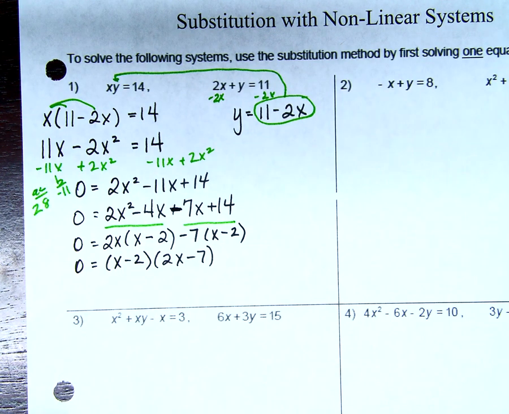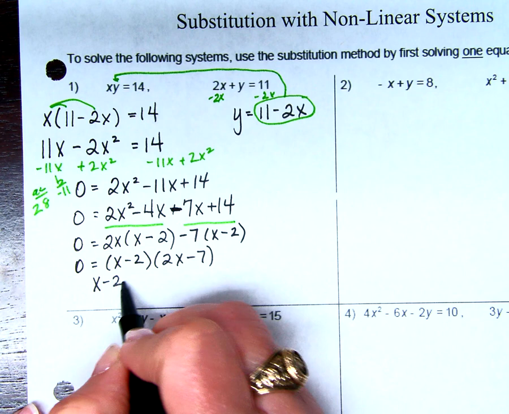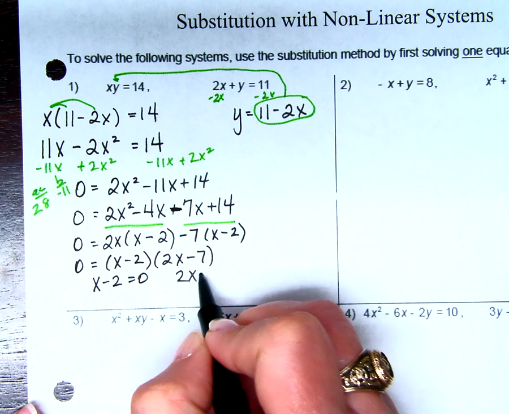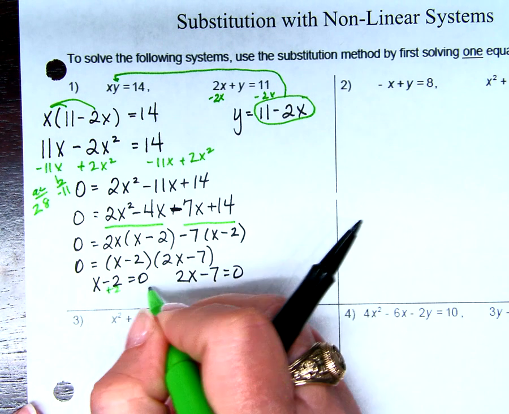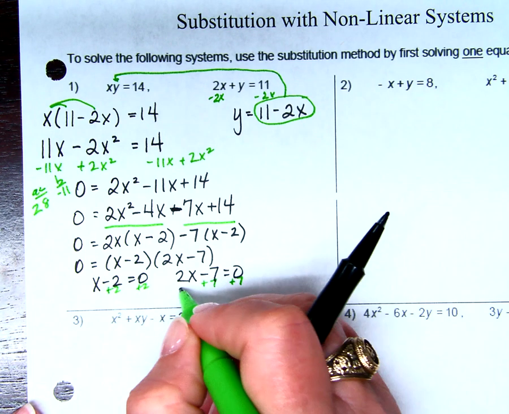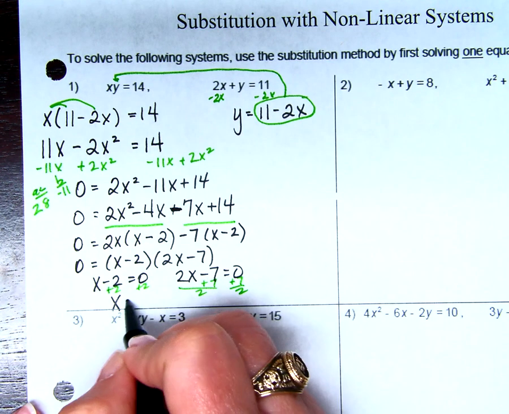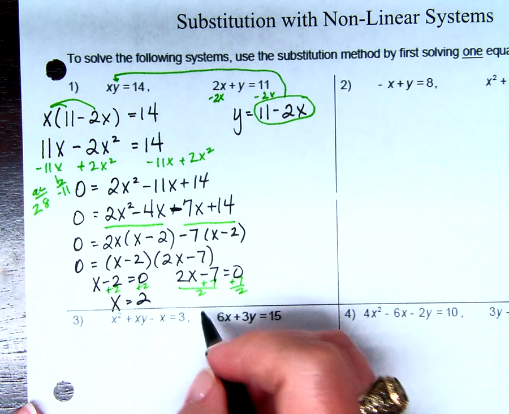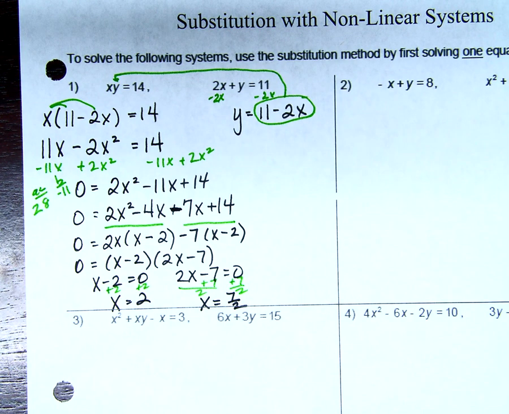Zero product property says what? Each of them, right? So x minus 2 equals 0, and 2x minus 7 equals 0. So I'm adding 2. Here I'm adding 7, and then dividing by 2, right? So here I get x equals 2, and here I get 7 over 2. Yes?